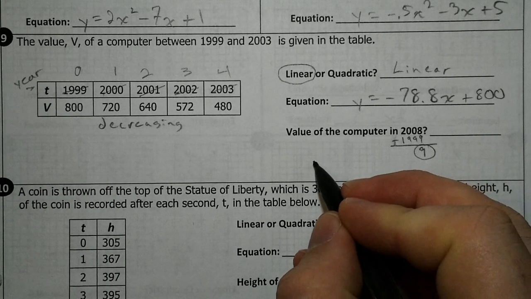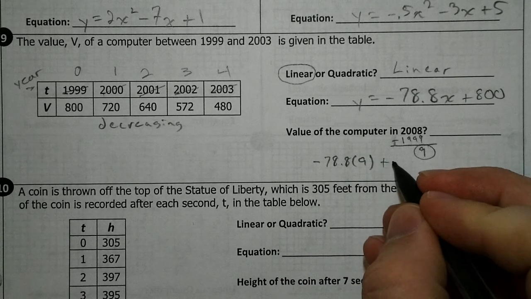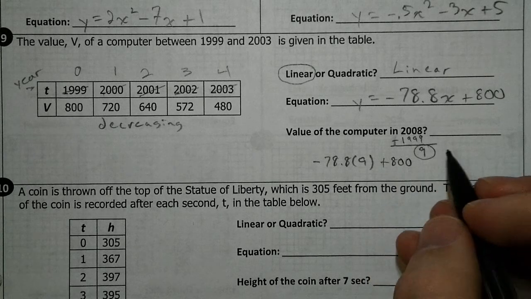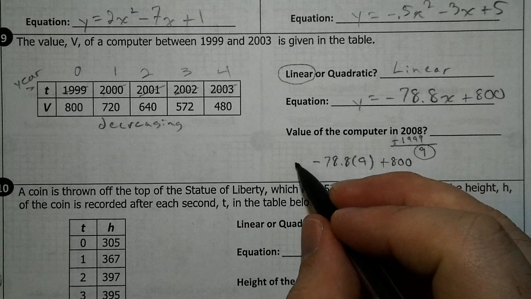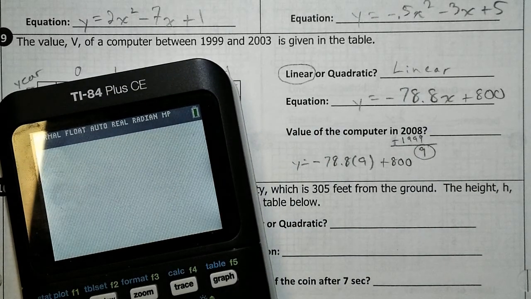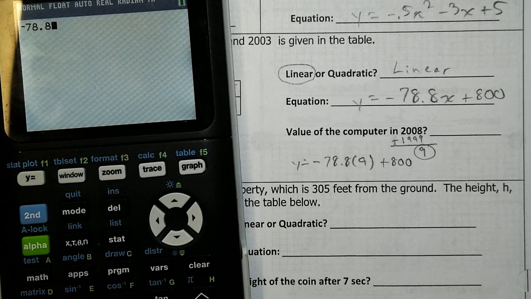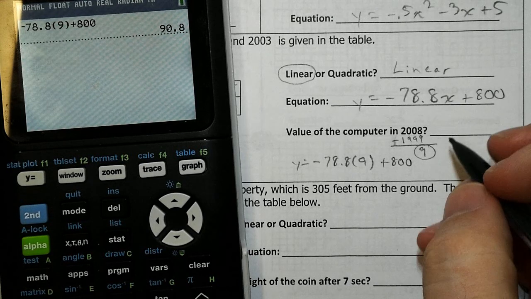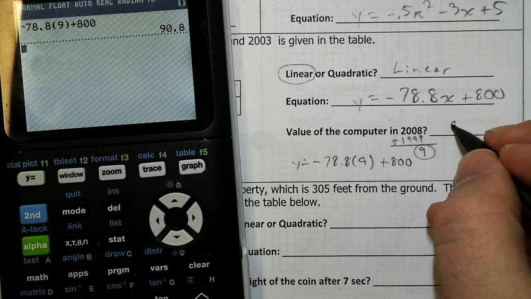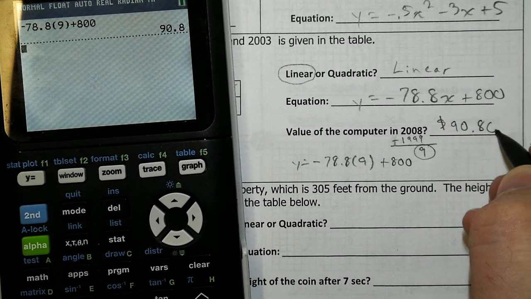So negative 78.8 times 9 plus 800 should equal the Y, or the total cost. So quit out of that menu, and we're just going to do negative 78.8 parentheses 9 plus 800. Comes out to 90.8, which in money would be $90.80.